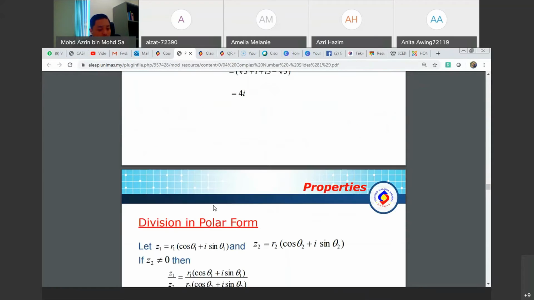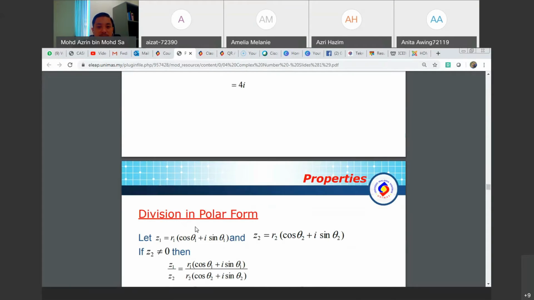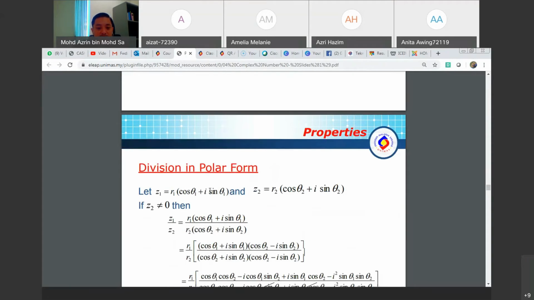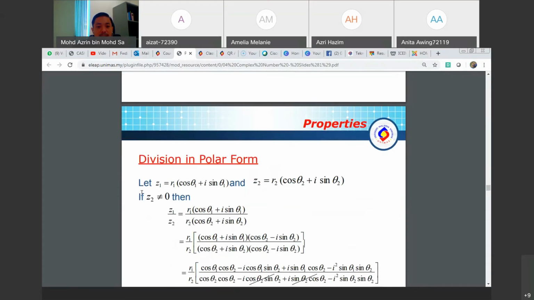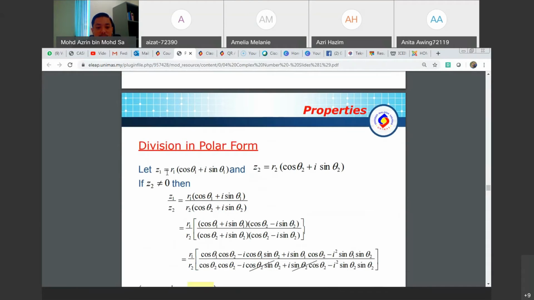Okay. Now we go to the second part, which is division in polar form. Just now was multiplication, now we go to division. Division means pembahagian. So similarly in polar form, we know that Z1 is equal to R1 cos theta 1 plus I sin theta 1 and Z2 is R2 cos theta 2 plus I sin theta 2.